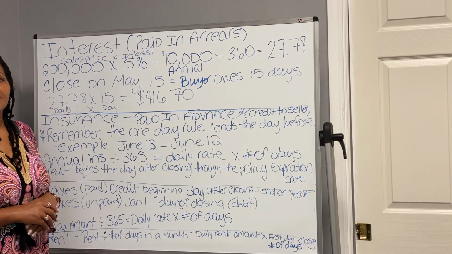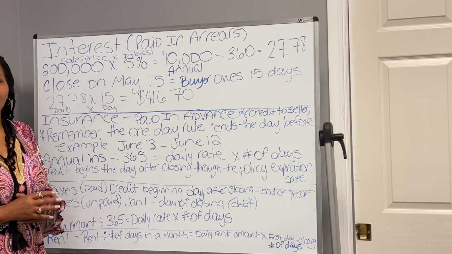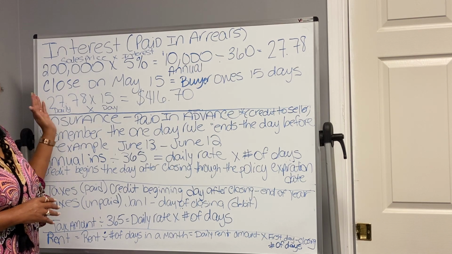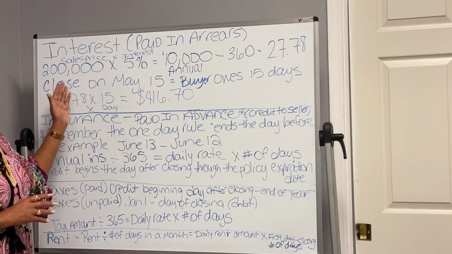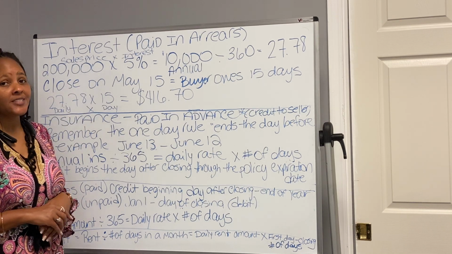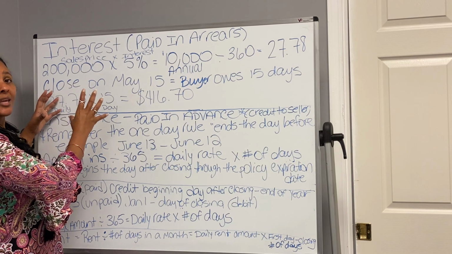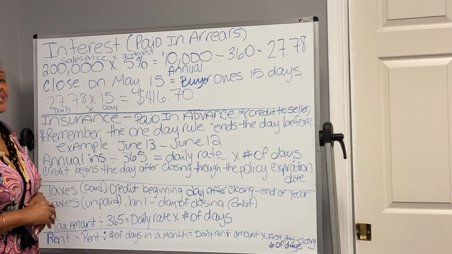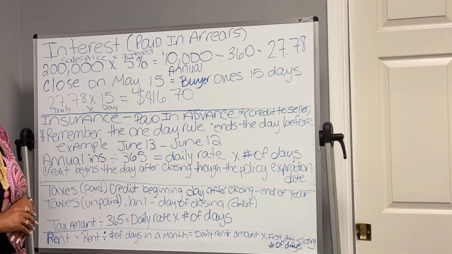So if it is a seller situation and they're asking you how much the seller will owe in interest, remember the seller is going to pay for the entire time that they own the property. That will be from May 1st through May 15th. This is a different loan. The lender is again looking at them as owning the property on closing date when it refers to their interest.